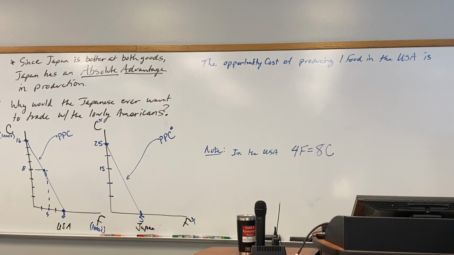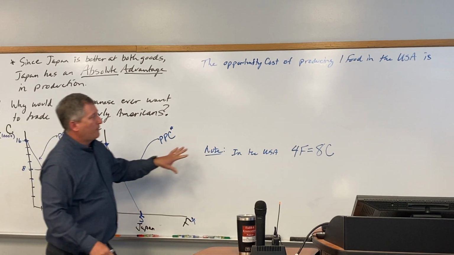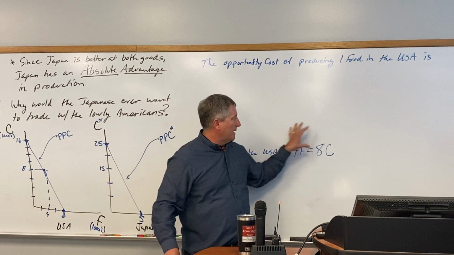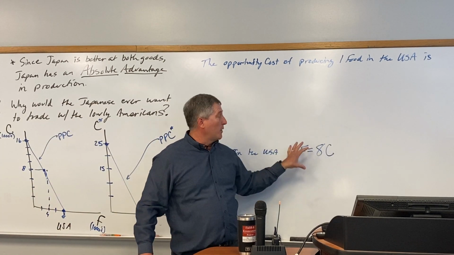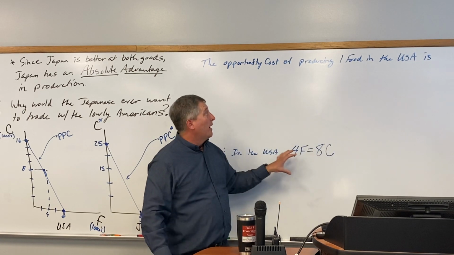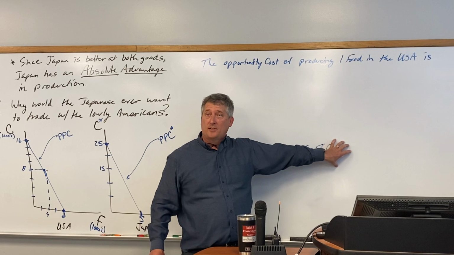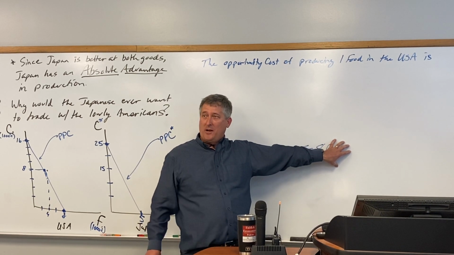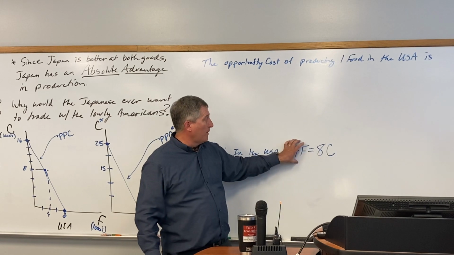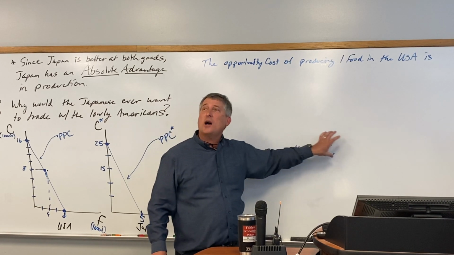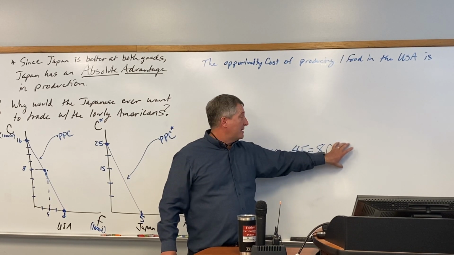So in terms of productivity, you can think of it as 4 food is equivalent to 8 cars, or 4 food can be traded, or how about 4 food costs me 8 cars? You with me on that? That gets more at the trade-off where Amal was going. 4 food costs me 8 cars.